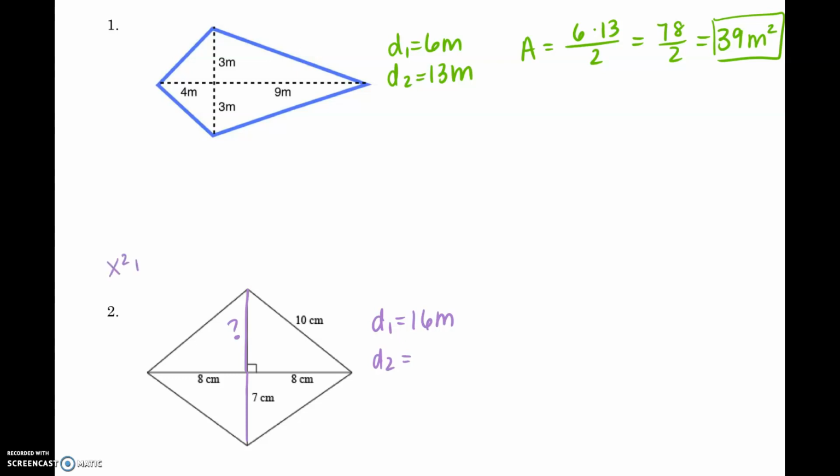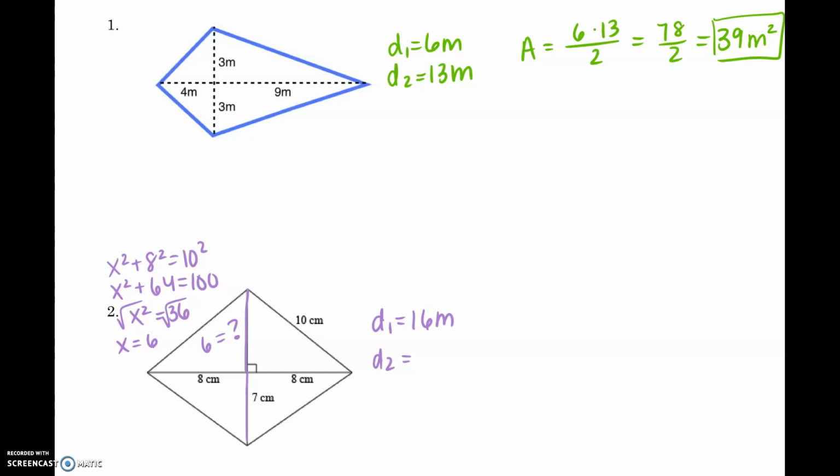So we have x squared plus 8 squared equals 10 squared. x squared plus 64 equals 100. x squared equals 36. And the square root of 36 is 6. So this missing side length here is 6.